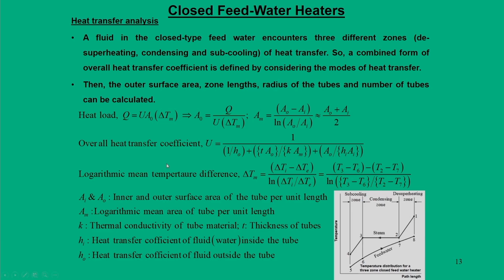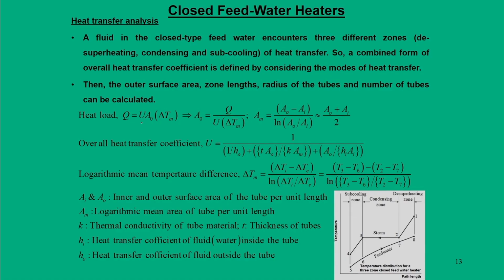So, we all know that while designing these feed water heaters, we also need to calculate the heat load. A general expression of heat load can be represented as Q is equal to U times area, outer area, into delta Tm, and this delta Tm stands for the logarithmic mean temperature difference.